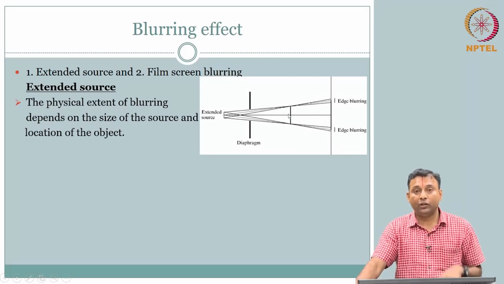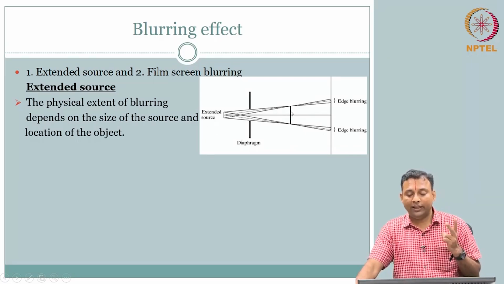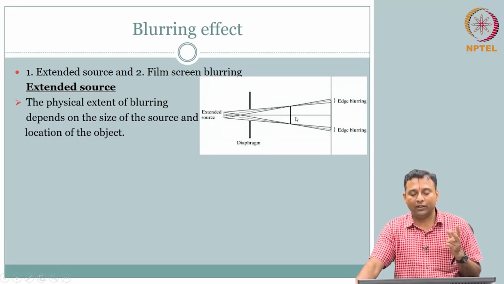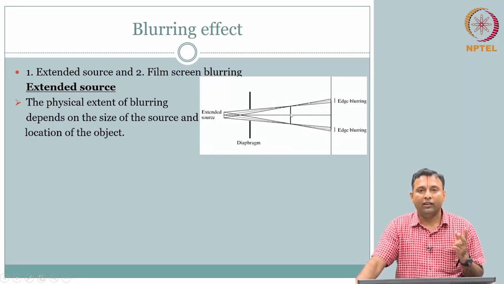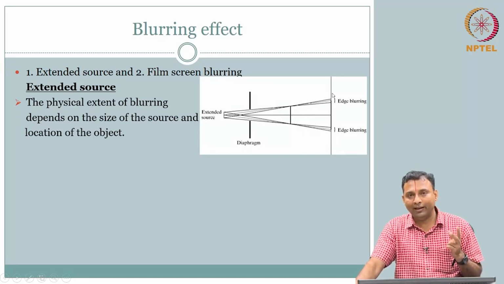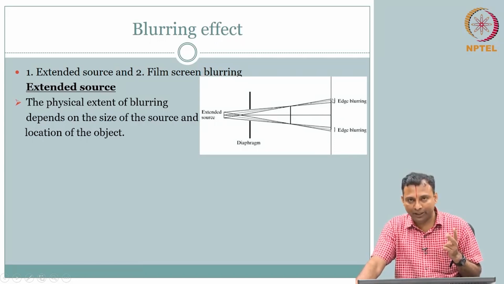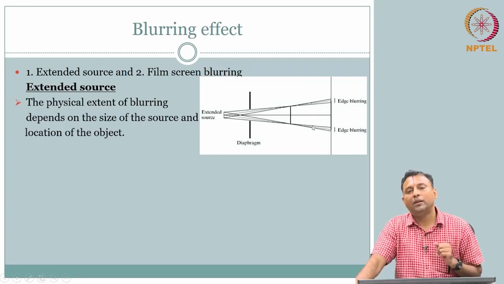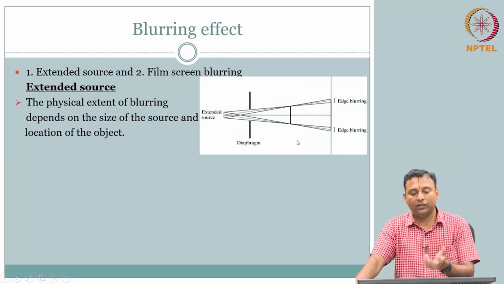So clearly there are two things. We saw that if the object, the rectangular prism, is located in a certain place, you could have a blurring of the edge in the image. Now if the source is not a point source, you could also have blurring. That is what this means.